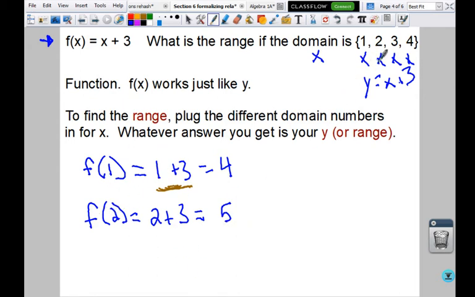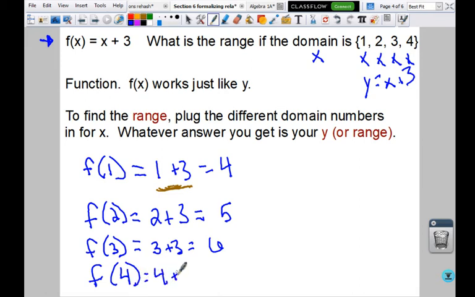I'm going to plug in 3 now. I'm going to go f of 3, and find out what f of 3 equals. So I plug in 3 for my x, I'm going to get 3 plus 3, which is 6. And then the last one, I'm going to plug in 4 for my x, and find out what f of 4 equals. It's going to be 4 plus 3, which equals 7.